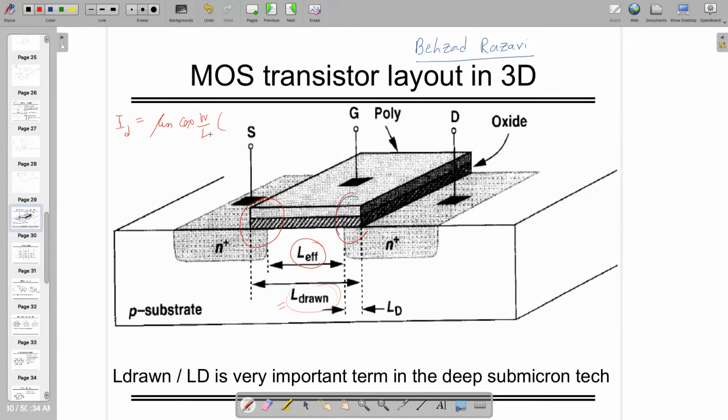So this L is not L, but L effective in the case of saturation, if I am writing this equation in saturation. Similarly W has to be effective, but L effective is creating lots of problems because there is a path from source to drain which is created by this length.